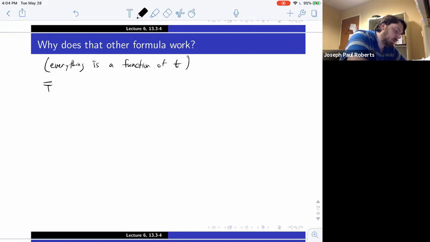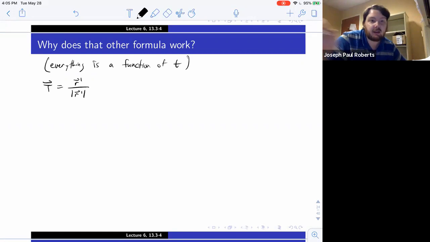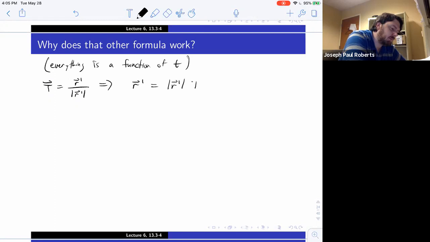So the starting point is, remember our unit tangent vector is r prime normalized. When I say everything is a function of t, I'm just being lazy, I'm not writing of t on everything. So that means that r prime is the length of r prime times T.